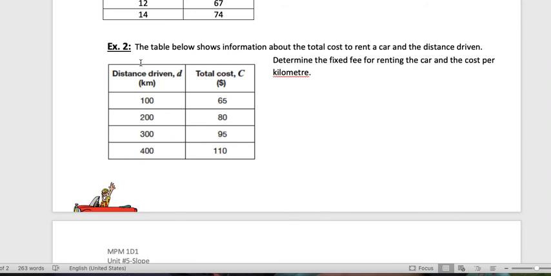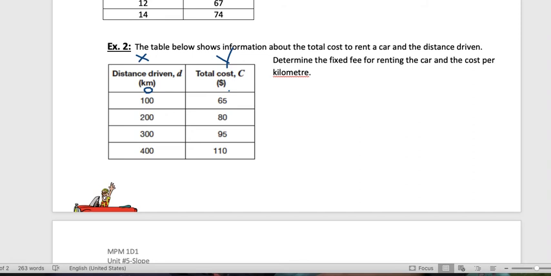If we look at this table, this is our X, this is our Y: kilometers, so cost per kilometer, X values and Y values. We want to know when X is 0, what is our Y value? We can notice that this table increases by 100 each time, so it's a regular interval, and this one increases by 15 each time. So for every 100 kilometers driven, the total cost increases $15.